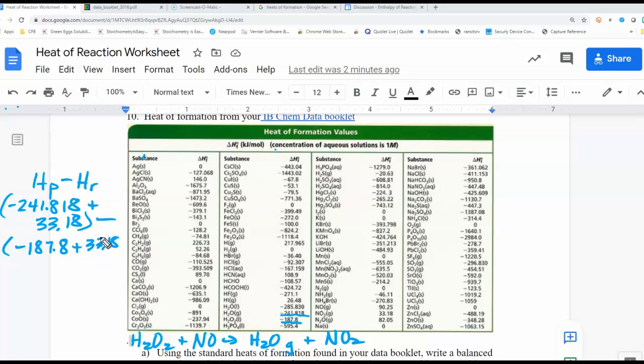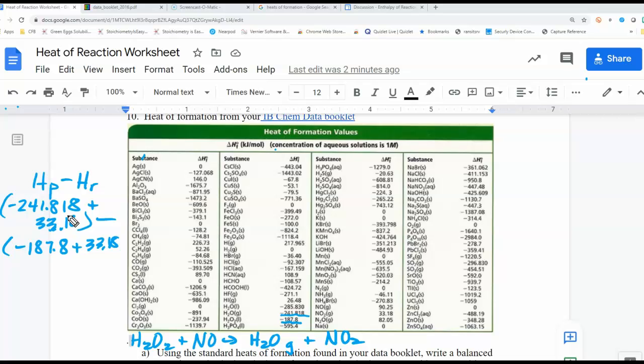33.18. And it looks like I made a mistake over here because this one shouldn't have been 33.18. I looked at the wrong number. It should have been 80. Oh, I'm looking at all kinds of wrong numbers. Let's go back and make sure that NO2 was correct as 33.18.